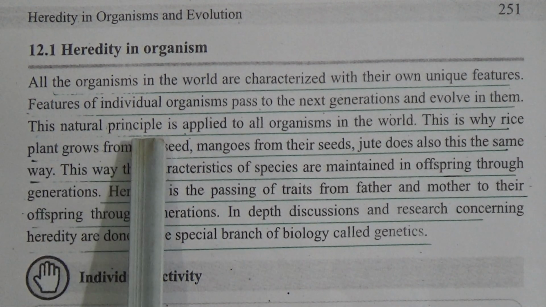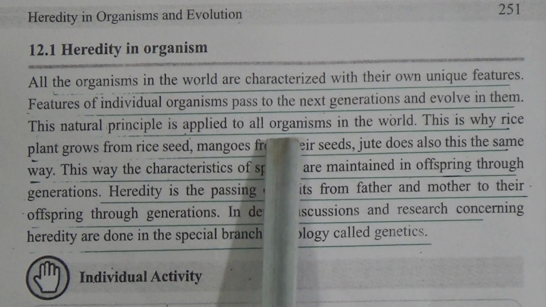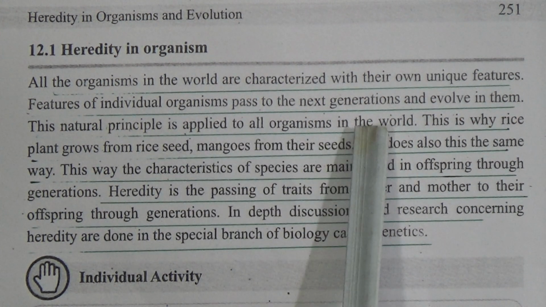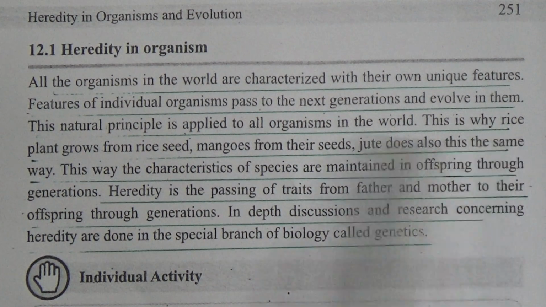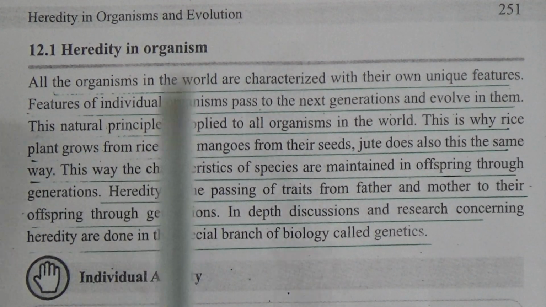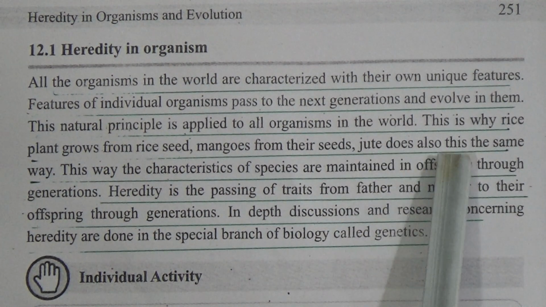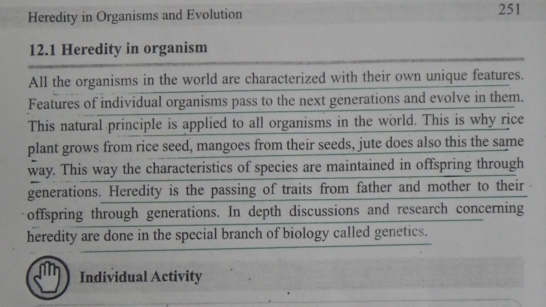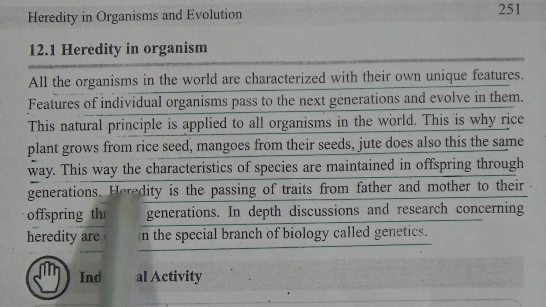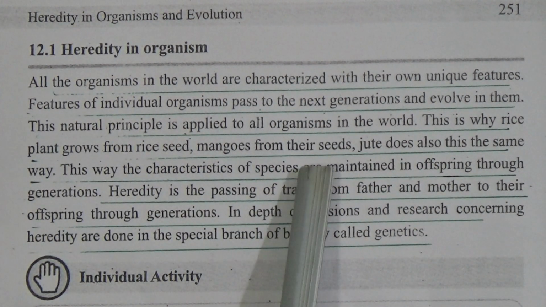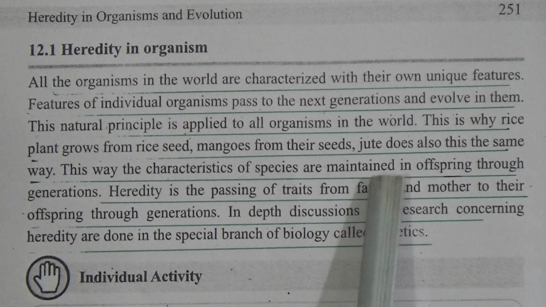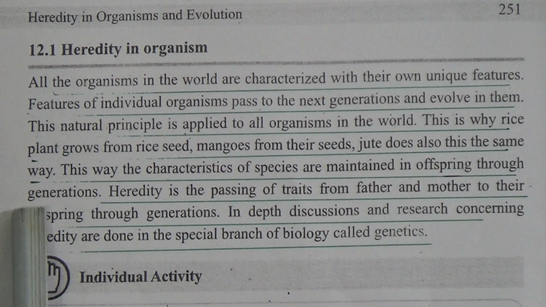This natural principle is applied to all organisms in the world. This is why a rice plant grows from rice seed, mangoes form from their seeds, and jute does the same way. This way, the characteristics of species are maintained in offspring through generations.